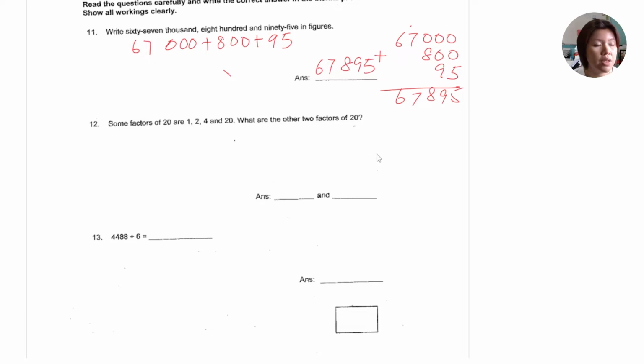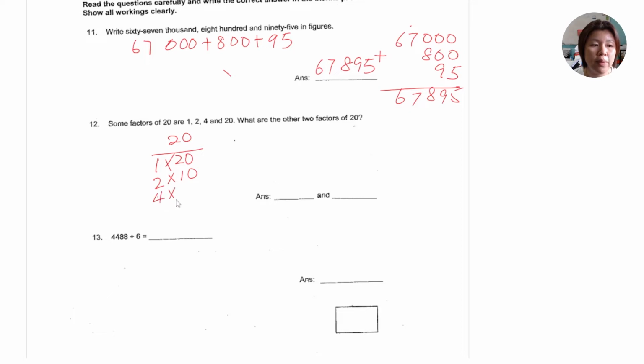Okay, so next one. Some factors are of 20. 1, 2, 4, and 20. What are the other two? So factors you need to list down. What number times what number give you 20? So we always start with 1 times 20. Then let's move to 2 times 10. 3 cannot.